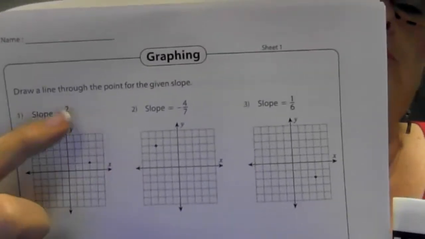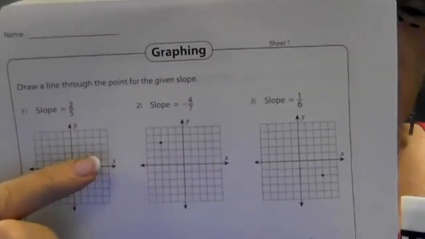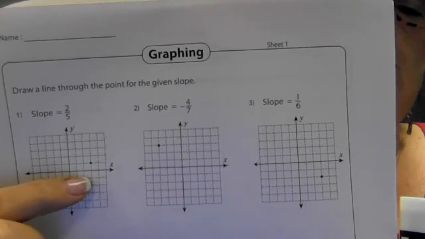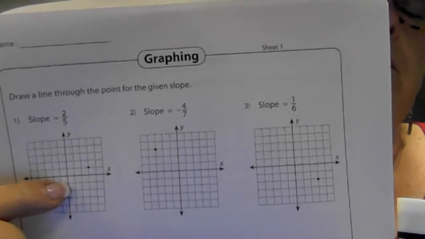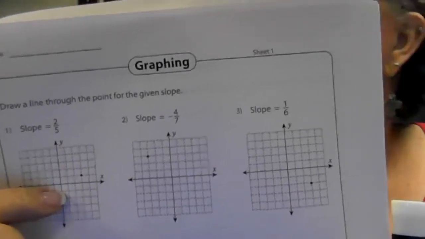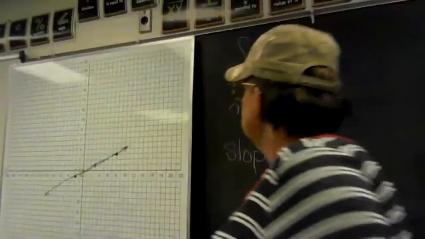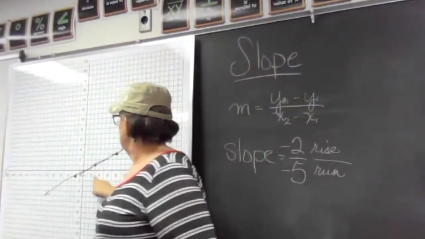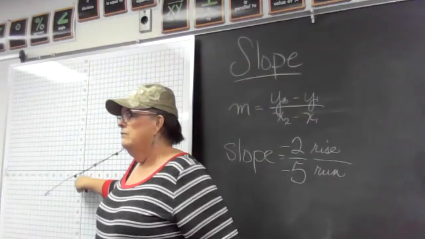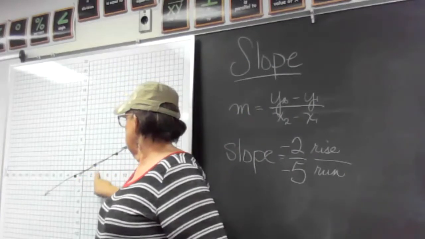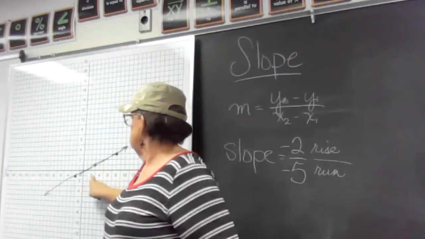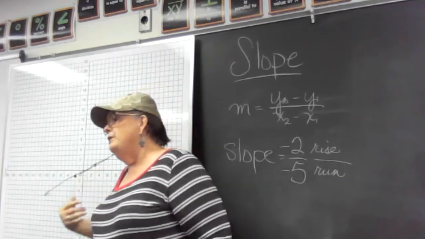So I just changed both signs, and I went down 2 and to the left 5. So shouldn't the 5 be negative? Yes, I went backwards. I went down 2 and to the left 5. That's the negative. And the down 2 is negative also. So you can do both ways.